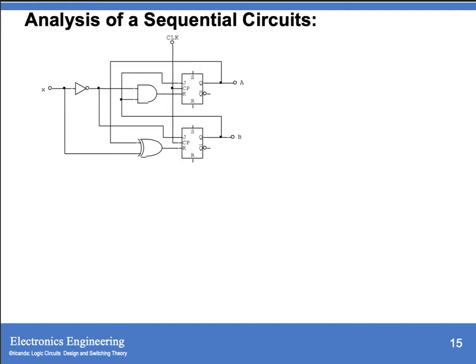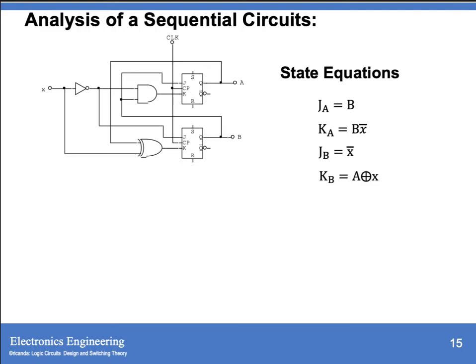So your JA is connected with B and your KA is connected with your X bar and your B, so we have B X bar. For your JK flip-flop B, we have JB, which is connected to your X bar, and your KB is connected from your A XOR X.